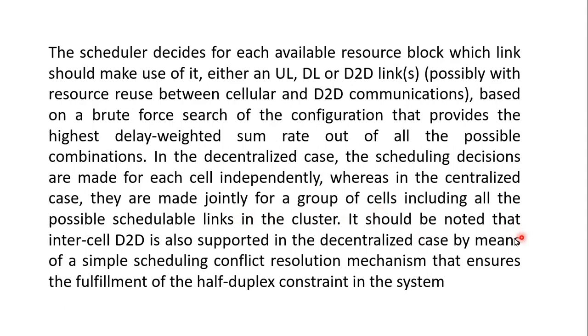It should be noted that intercell D2D is also supported in the decentralized case by means of a simple scheduling conflict resolution mechanism that ensures the fulfillment of the half duplex constraint in the system.